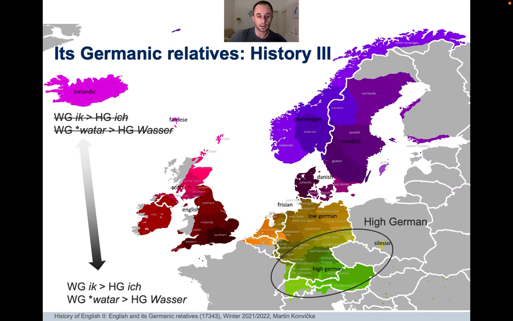So, as I said, this second consonant shift allows us to distinguish these different groups among the Germanic languages, and in particular, it created the language that is now spoken as Standard German, which is based on the High German varieties, basically.